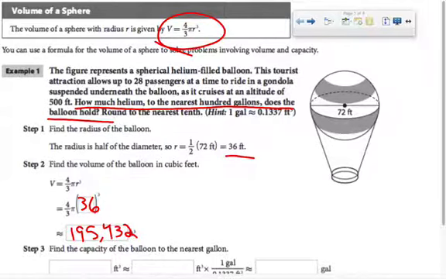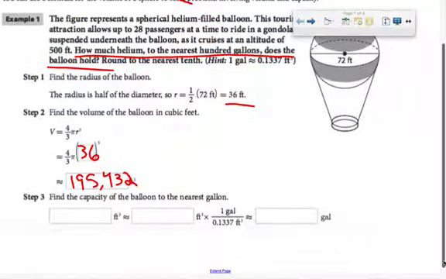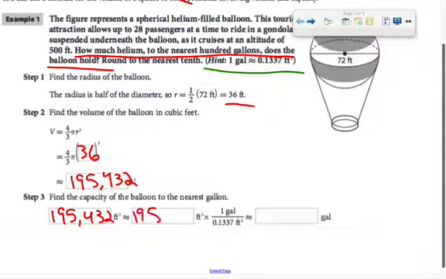cubic feet. Next, we find the capacity of the balloon to the nearest gallon. So we have this conversion factor here for what a gallon is equivalent to in cubic feet. So my volume was, once again, 195,432 cubic feet, which I'm going to then multiply by 1/1.337 to convert it into gallons.